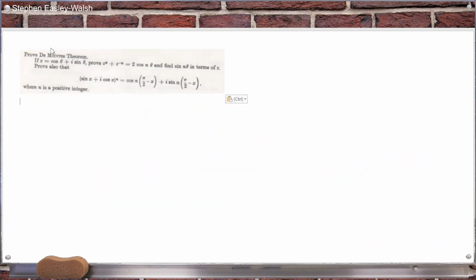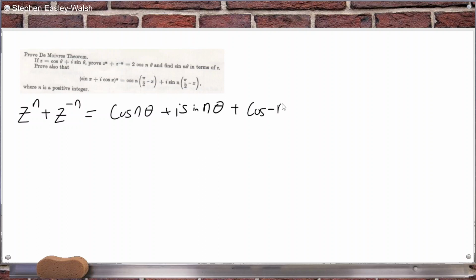Secondly, we want to prove now that z^n plus z^(-n) is equal to 2 cos nθ. So using De Moivre's theorem, that's cos nθ plus i sin nθ plus cos(-nθ) plus i sin(-nθ).